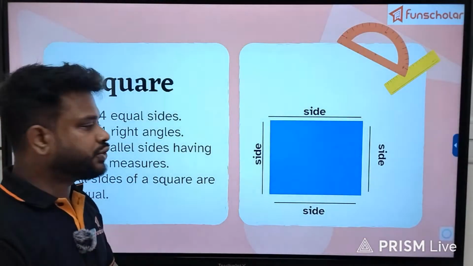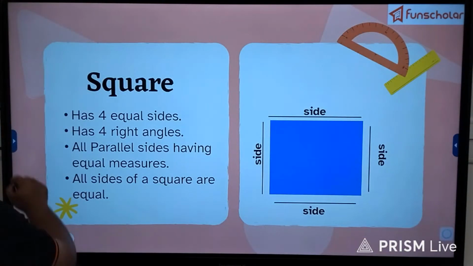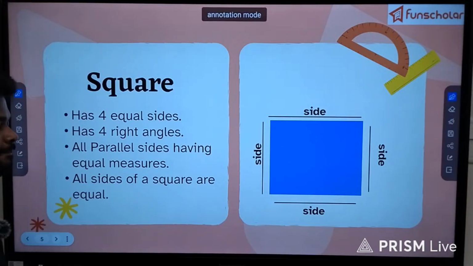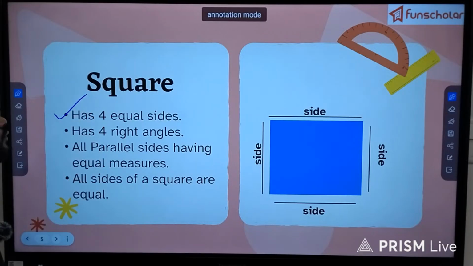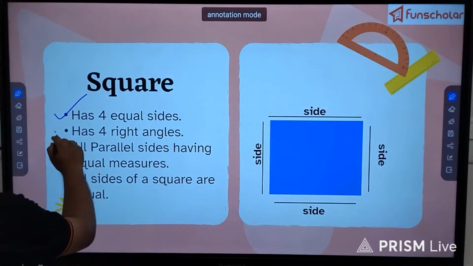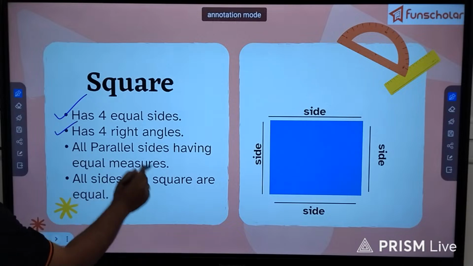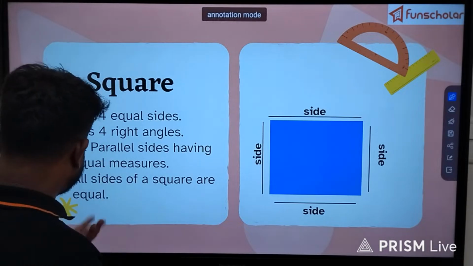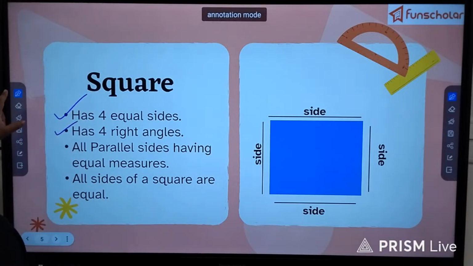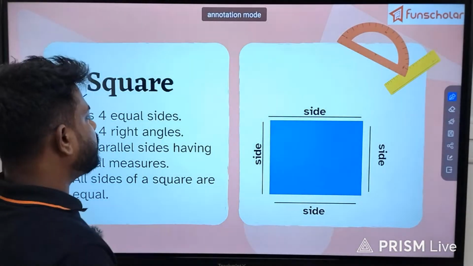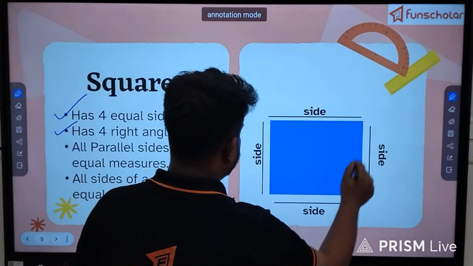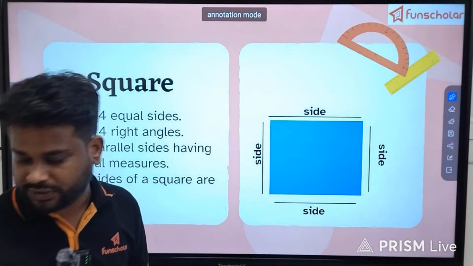Okay, so square. First they are telling us some properties of a square: a square has 4 equal sides, has 4 right angles, and all parallel sides have equal measures. All sides of a square are equal. If we want to break it down, we can see that it has 4 equal sides.